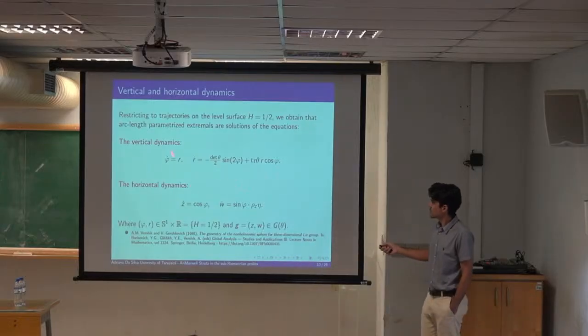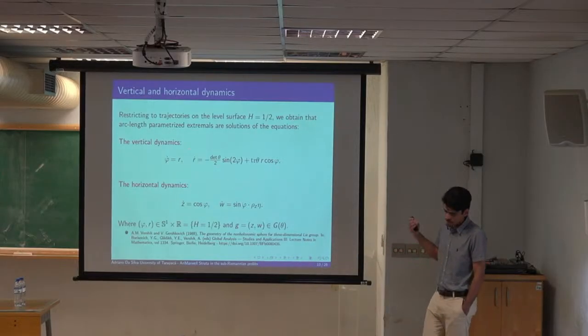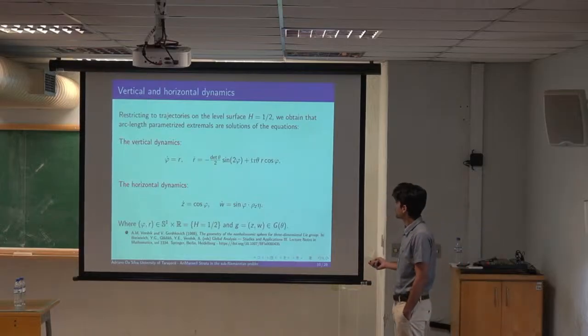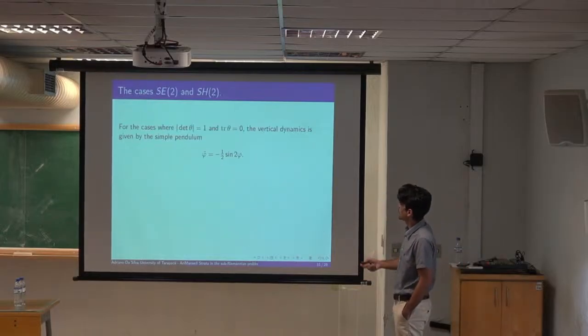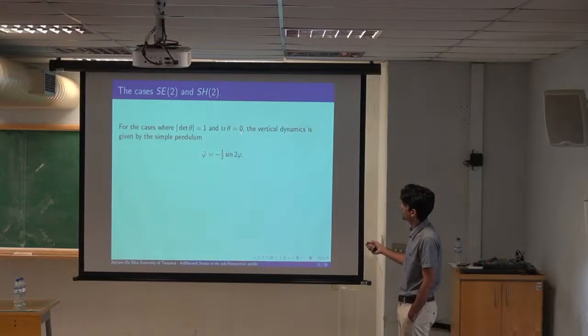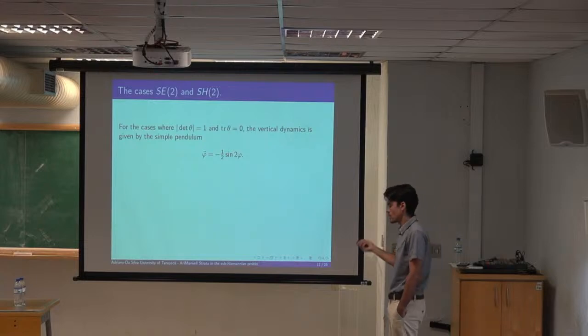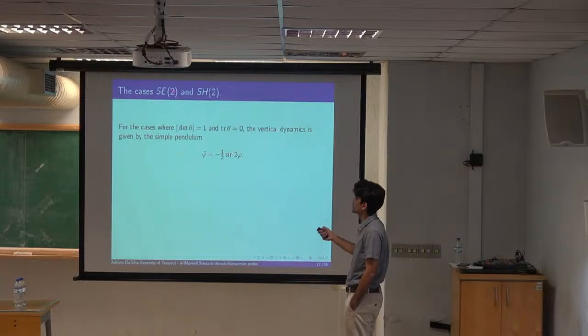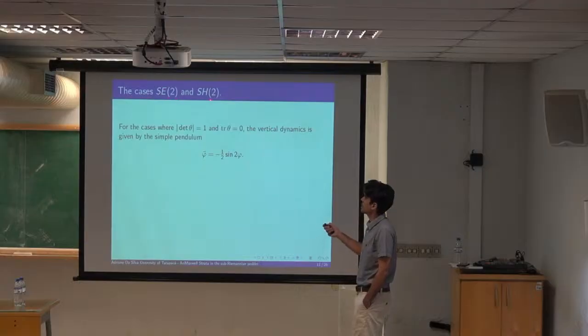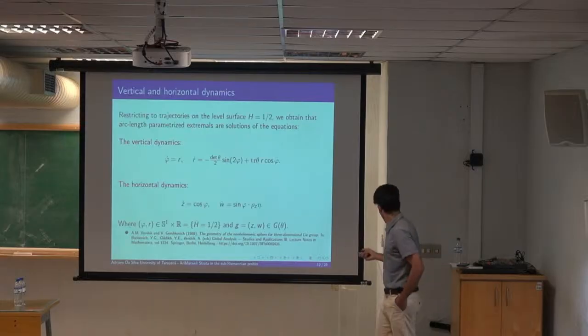But the point is where the problem started: if you look at the case where the trace of theta is 0 and the determinant is 1, that's precisely, or not precisely, up to a homogeneous space, up to a quotient, the case of SE2 and SH2.